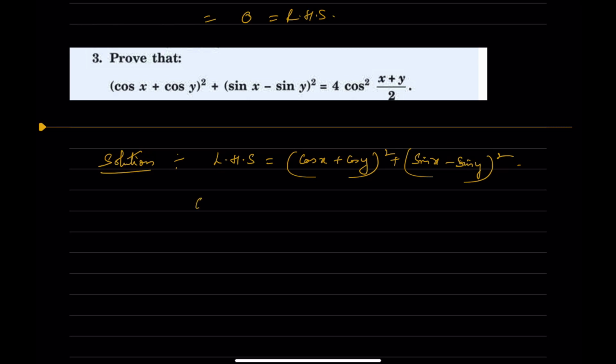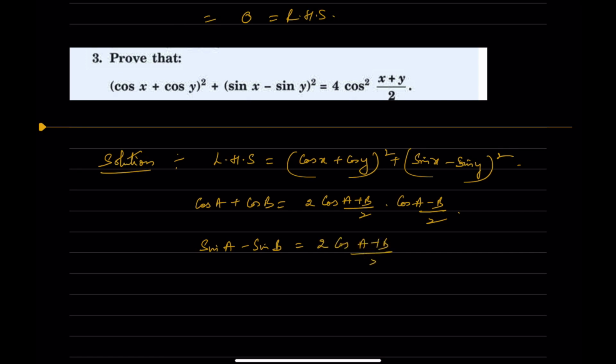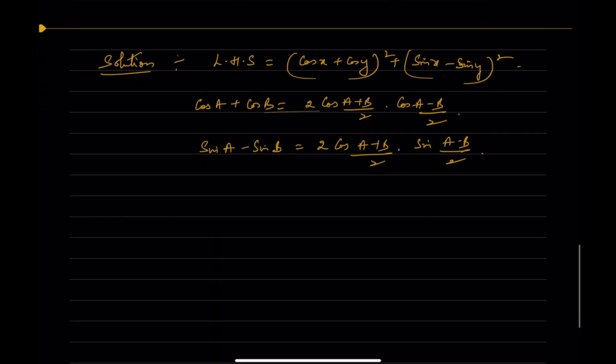So here you are having cos A plus cos B is equal to 2 cos (A plus B by 2) into cos (A minus B by 2). And then you are having sin A minus sin B is equal to 2 cos (A plus B by 2) into sin (A minus B by 2). So using this formula, we'll write down what is the LHS part.